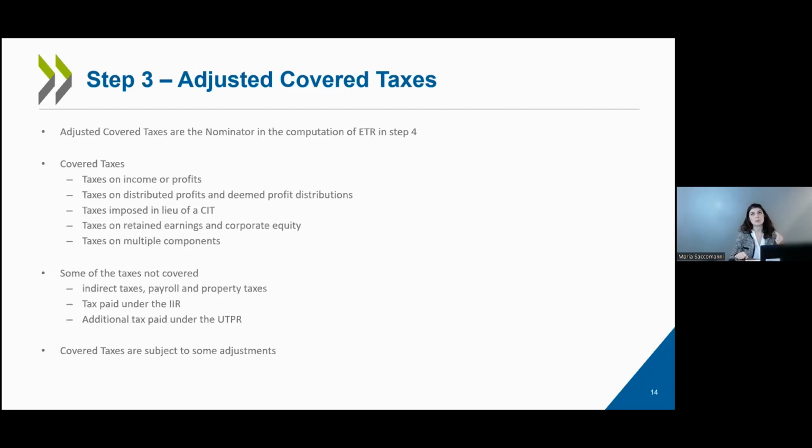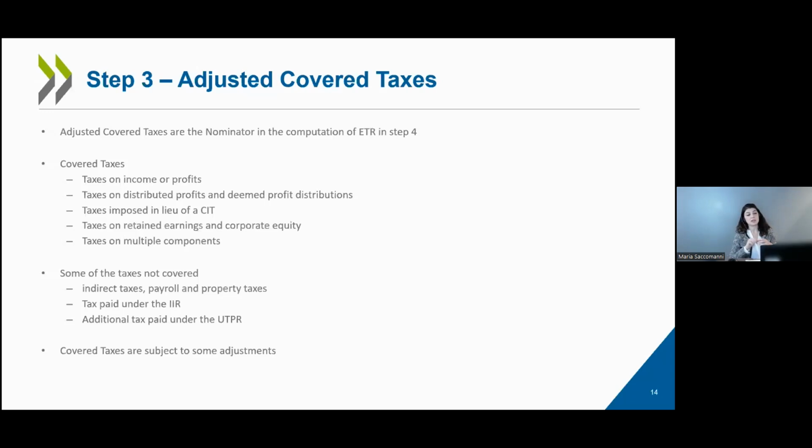And this is because in Pillar 2, a specific position is being taken in respect of deferred taxes, due to the fact that an effective tax rate that is built only on current tax expense and does not consider the deferred tax amount could give rise to certain distortions because, for example, of the availability of tax losses that reduce the current tax expense, or because there are some relevant timing differences, i.e. differences in the computation of the tax base and differences in the accrual basis principle under the relevant accounting standards.